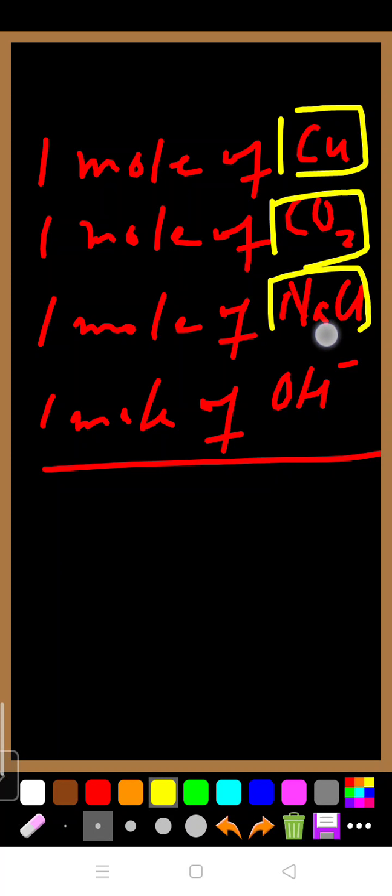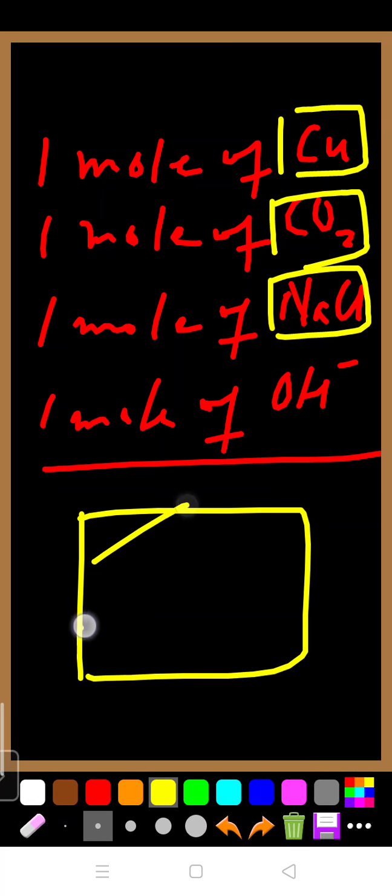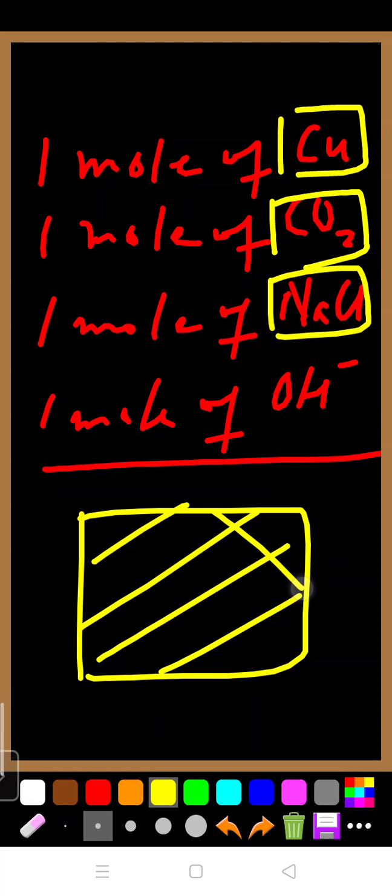Sodium chloride will contain formula units because we classify ionic compounds as formula units. There are numerous cations and numerous anions held together in a giant crystal lattice, containing sodium and chloride in the ratio 1:1.